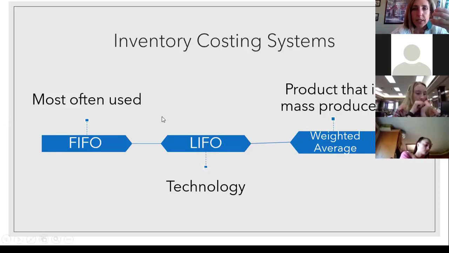Now, the reason I put on the slide that technology companies will use that is because their most recent cost, their last cost, matches up better with the price that they're selling inventory out initially. What I mean by that is when you think about iPhone 775 or whatever, right? When it first comes out, it's very expensive.